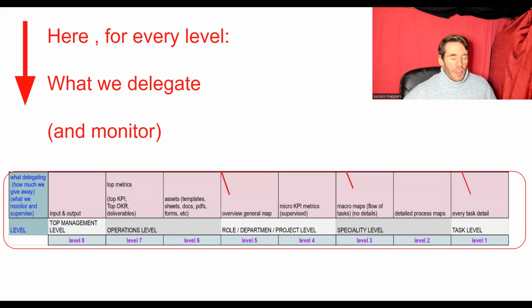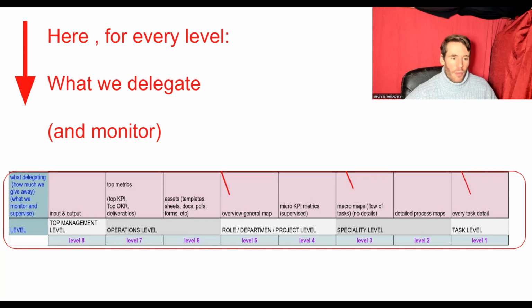And for example, when you pass from level 6 to level 7, you can provide less of the assets that you have in your company.